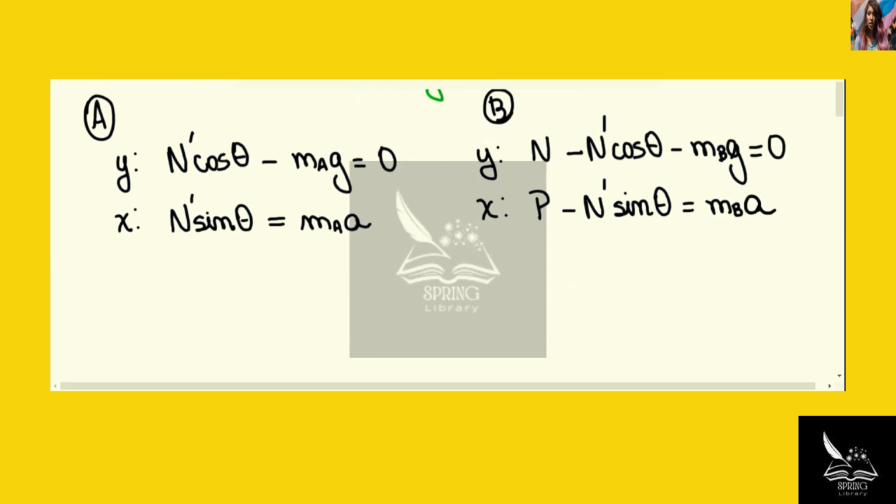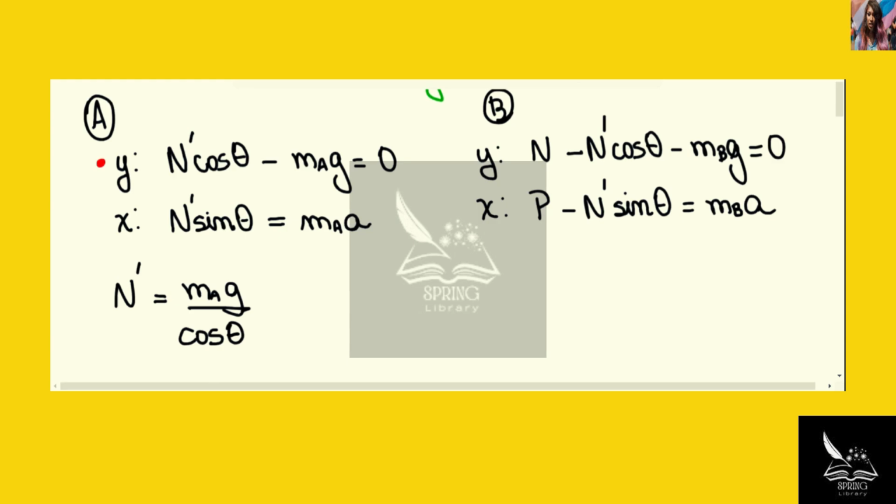Okay. Now notice that from the equation for the y coordinate for block A, we have that N prime is equal to MAG divided by the cosine of theta.